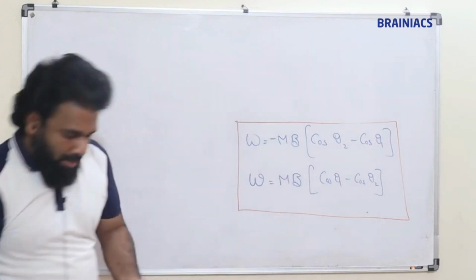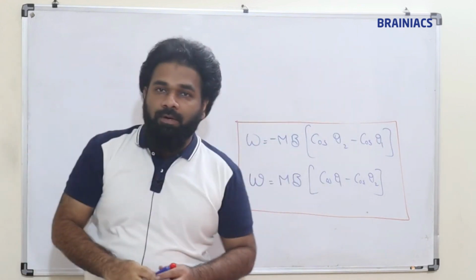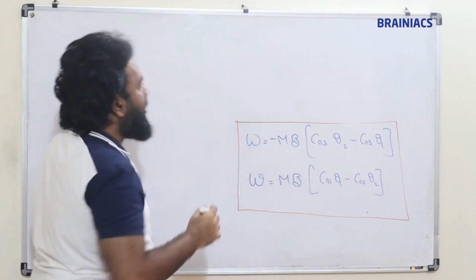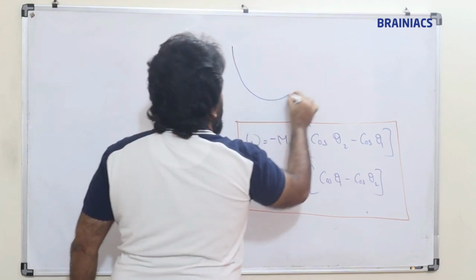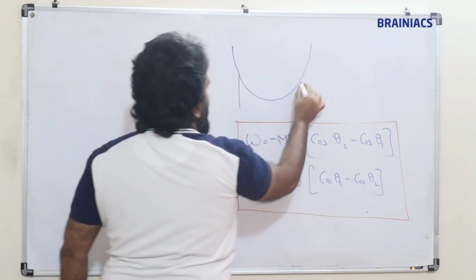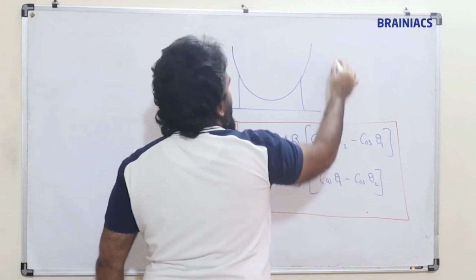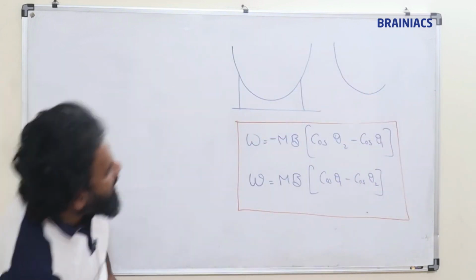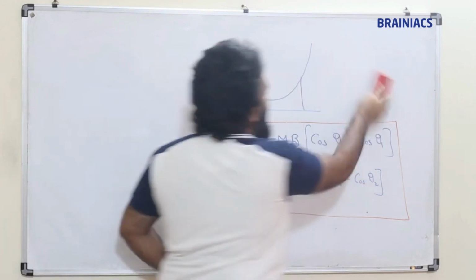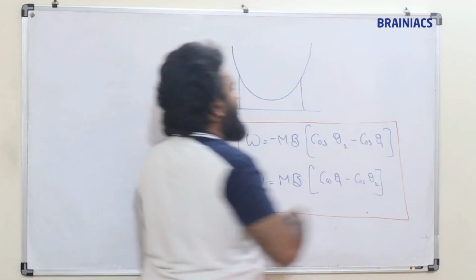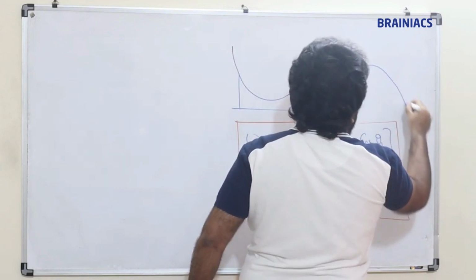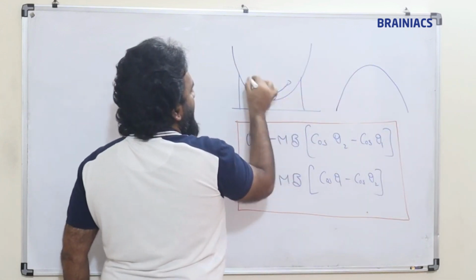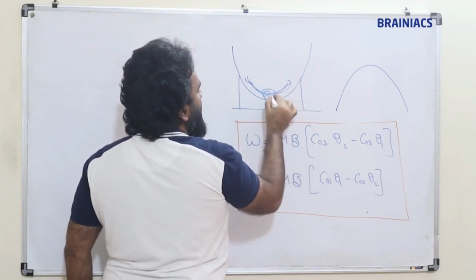While studying work, power, energy, we have studied stable equilibrium and unstable equilibrium. We took a small example of this kind of vessel, and the other one will be like this. If we keep a ball here, even if we displace it, it will come back to this position.